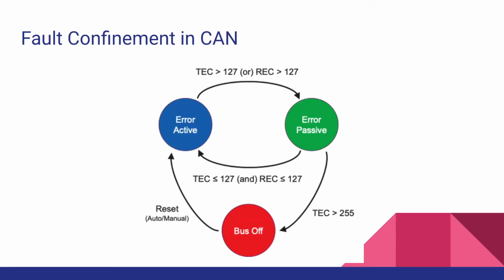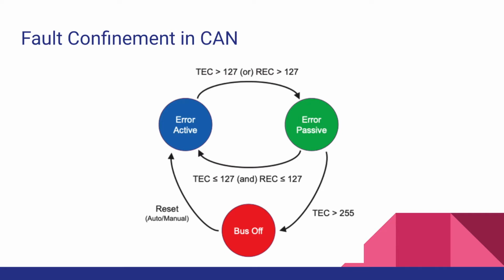Cool? So here we have the CAN's fault confinement scheme. Notice how there are 3 different states, and on the top left we have error active, which is what every ECU or every node on the CAN starts in. And if the TEC or the REC, so either of the 2 error counters, reaches a value above 127, the node would switch over into error passive mode.